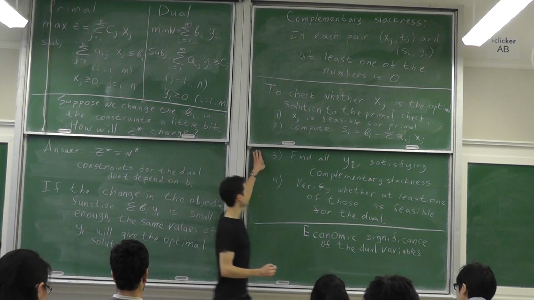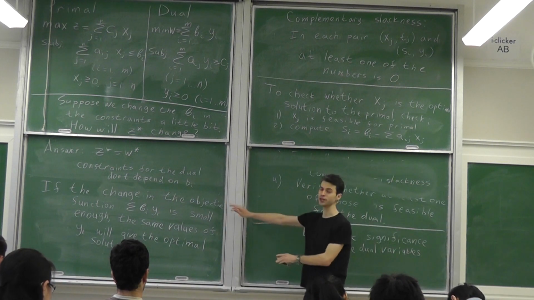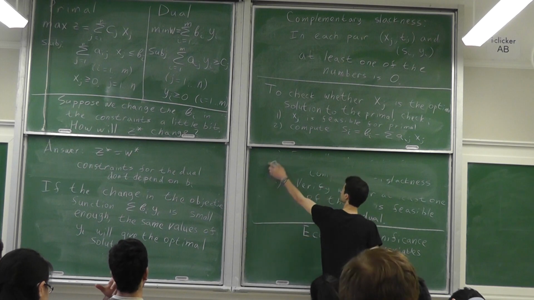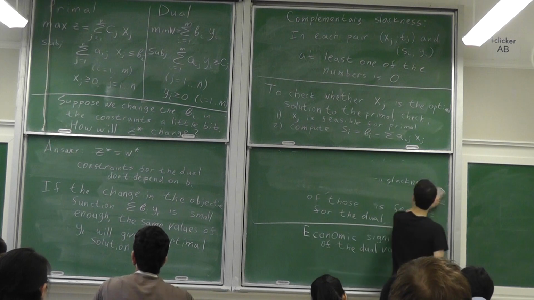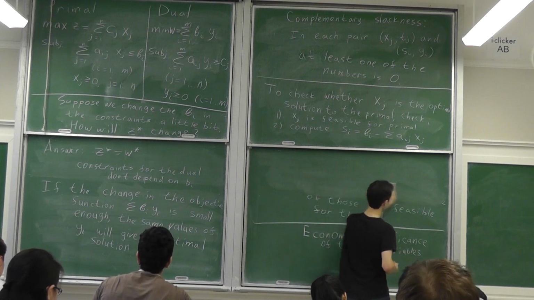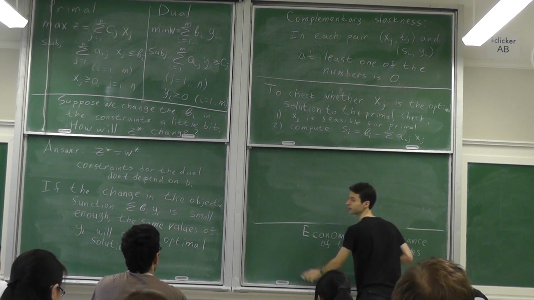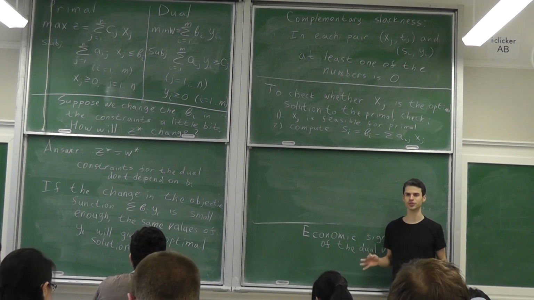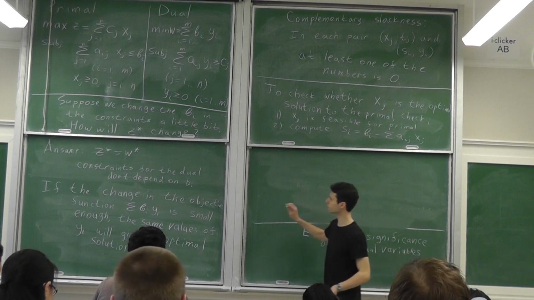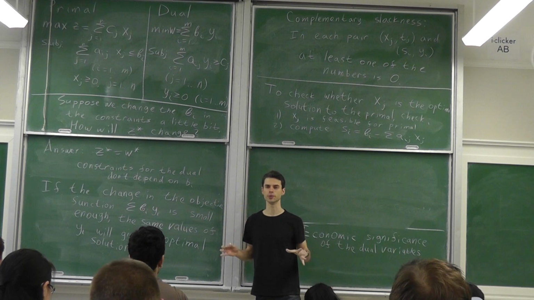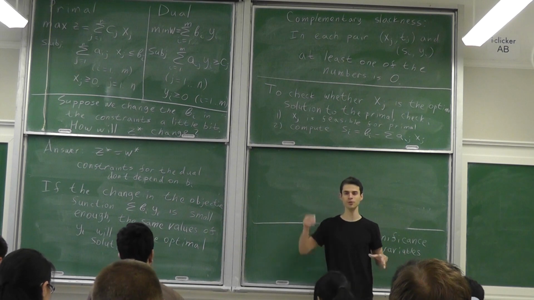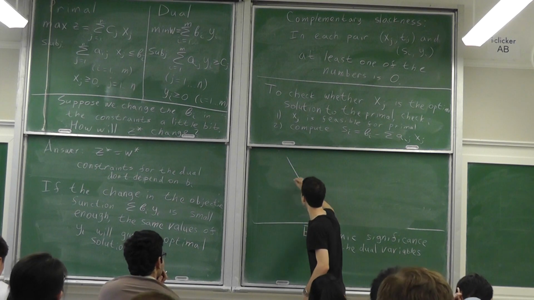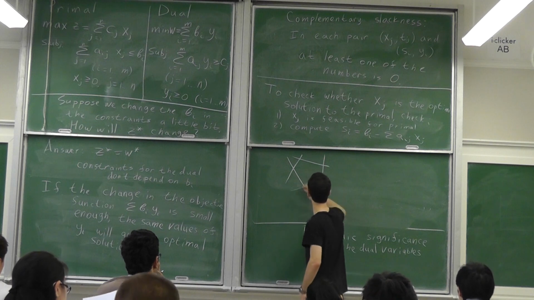So maybe let me illustrate this. I'm not going to explain this too rigorously, but I want you to understand what happens. We will not require you to formulate rigorous mathematical proofs of these facts, but I do want you to understand why it's true. So think about a two-dimensional problem, like the one you have on the homework, with some two-dimensional constraints, some region, something like this.